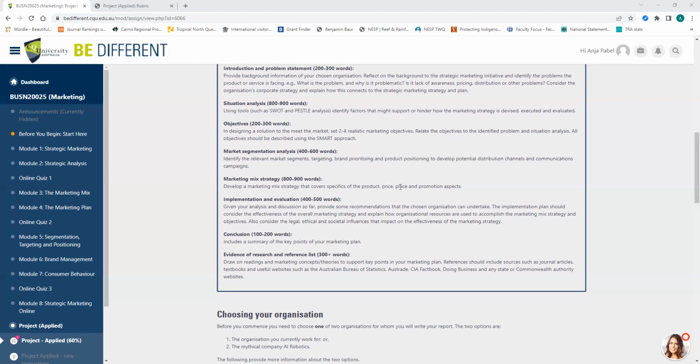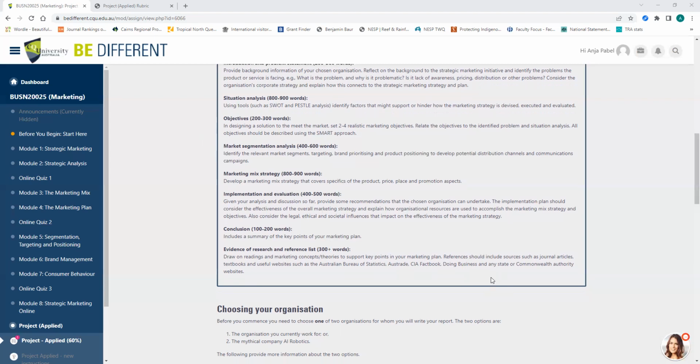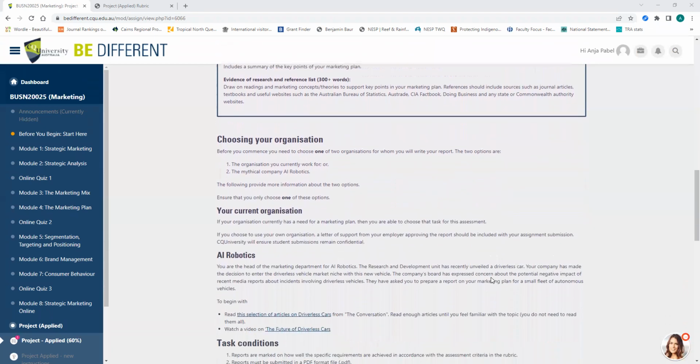For example, the Australian Bureau of Statistics might actually be quite helpful when you write about your segmentation analysis, or websites such as Austrade or Doing Business or any other state or Commonwealth authority website could be considered quite useful here.